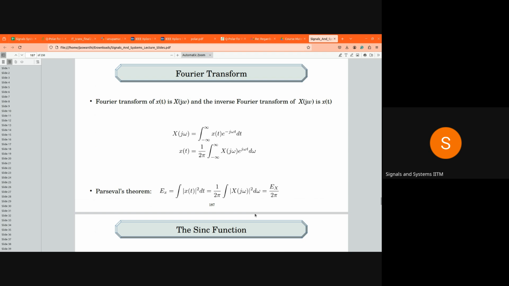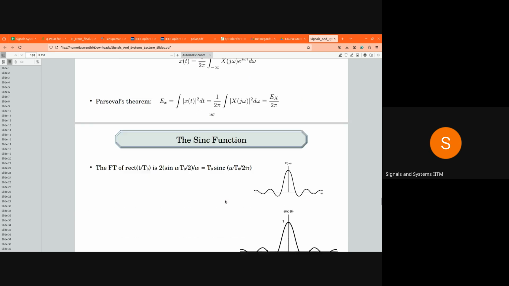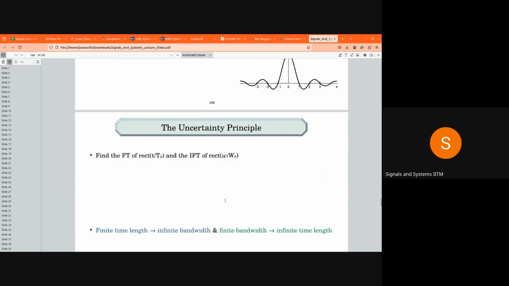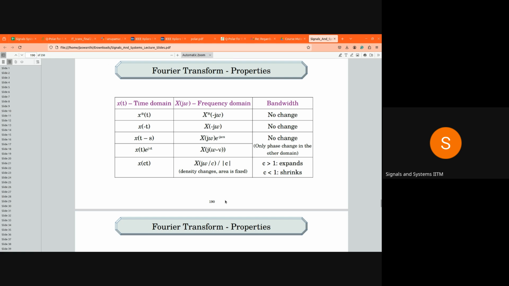It is a one-to-one mapping between the time domain and the frequency domain, but a lot of complicated things in the time domain can be seen as simpler in the frequency domain. That's the idea behind the Fourier transform. We have Parseval's theorem, examples for the Fourier transform, and certain properties of the Fourier transform.